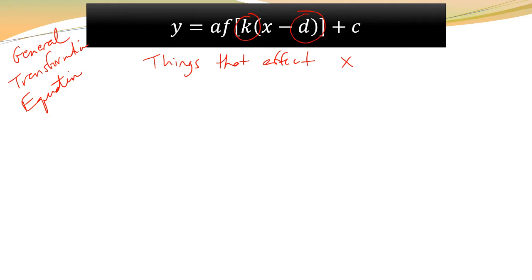So we're going to go over each one of those parameters, each one of those letters, and what they do, starting with k. So we're going to focus on k over here, and we're just going to make point form notes.